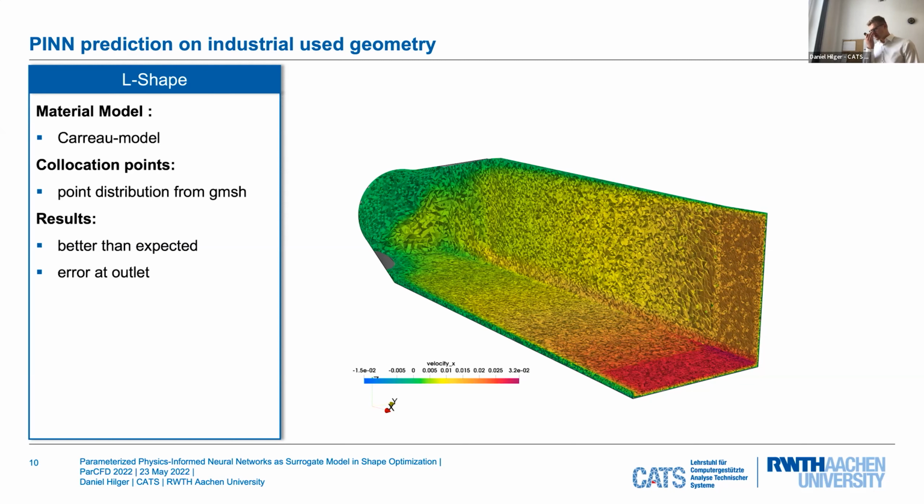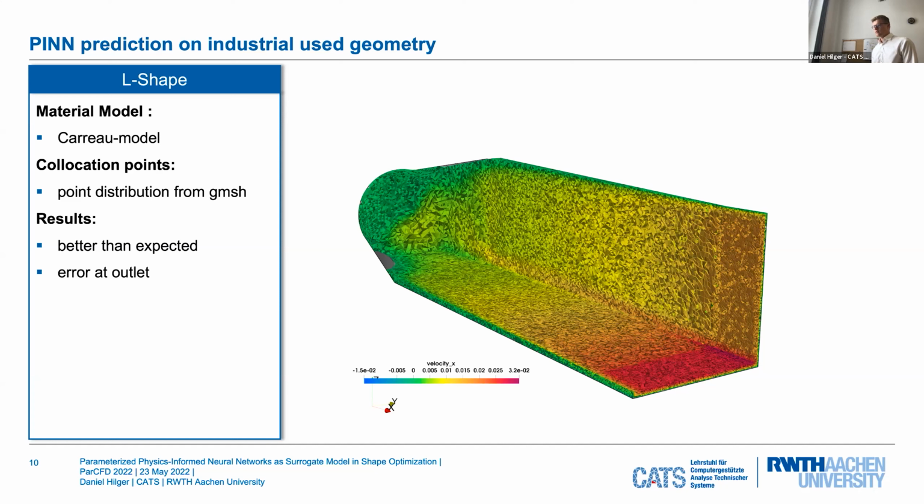There we made some interesting observation, namely because we used some discretization also used in a finite element computation, where we had a denser distribution of points at the outlet. And actually this denser distribution of the points at the outlet led to worse results for the surrogate model.